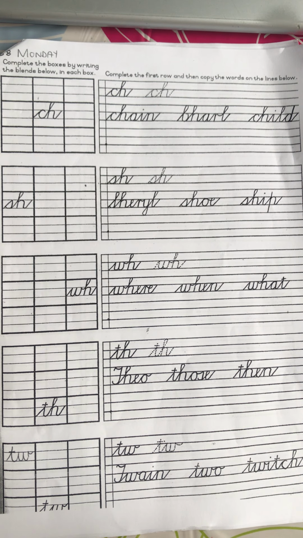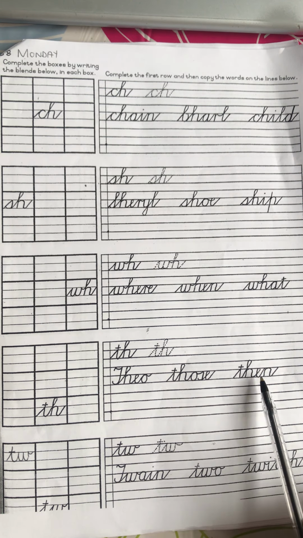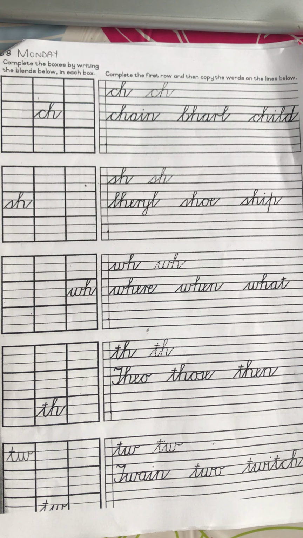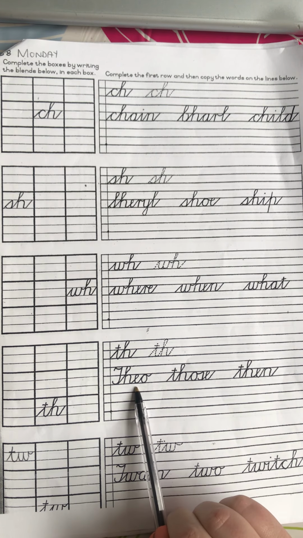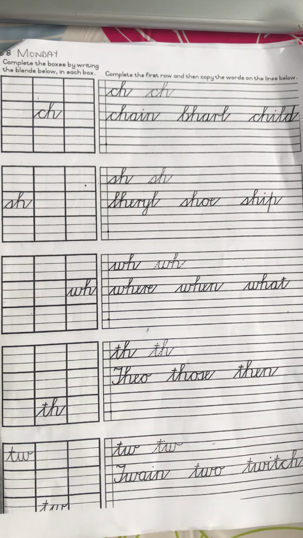So you press your tongue against your top teeth and you say F. All right, try and read these three words quickly on your own. Theo is a name. Those, then. Those are the words that you will have to go rewrite.